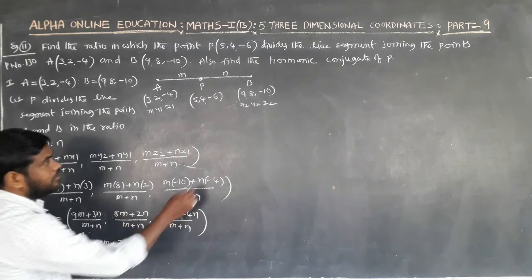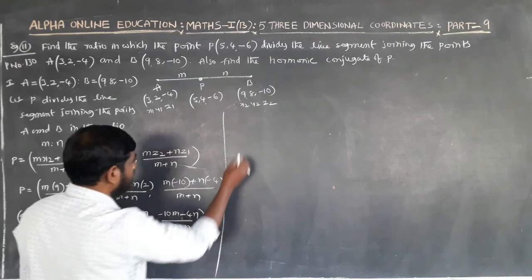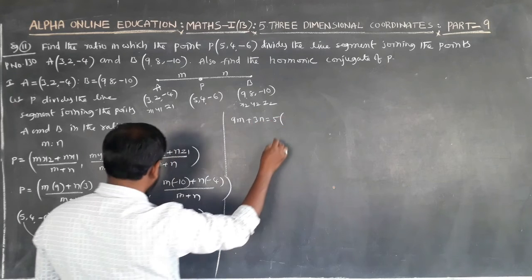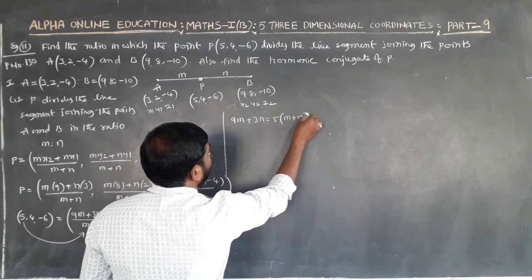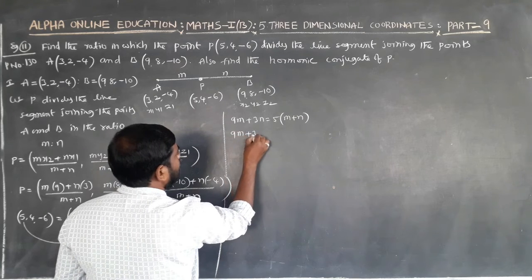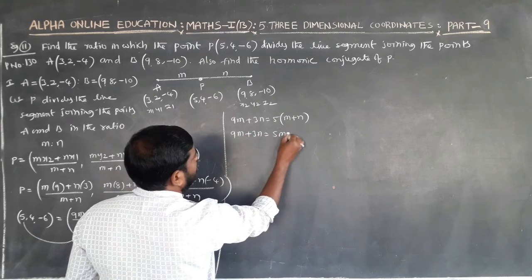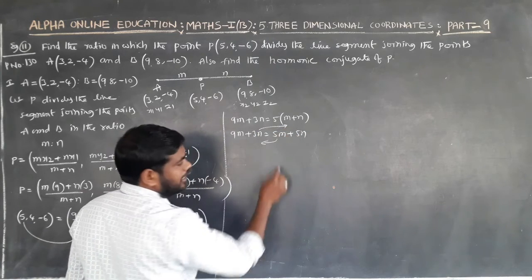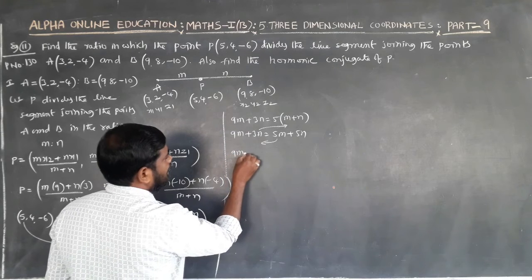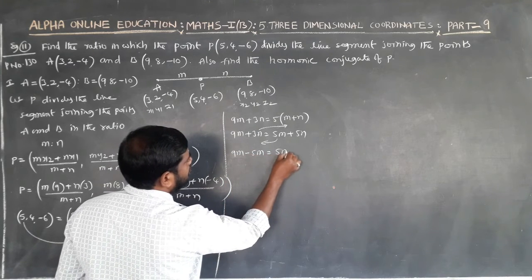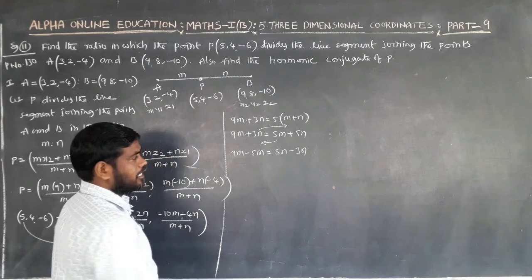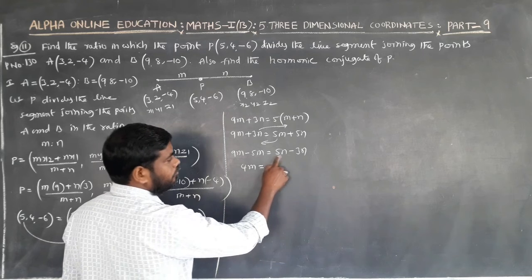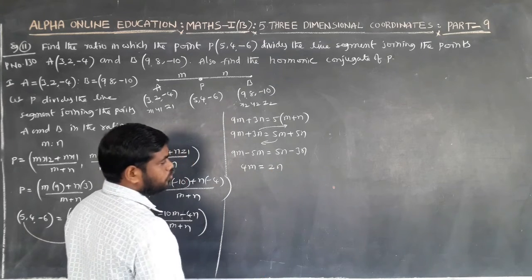Taking m plus n to the right side, 9m + 3n is equal to 5 into (m + n), so 9m + 3n is equal to 5m + 5n. Taking 5m to the left side and 3n to the right side, 9m - 5m is equal to 5n - 3n, so 4m is equal to 2n.